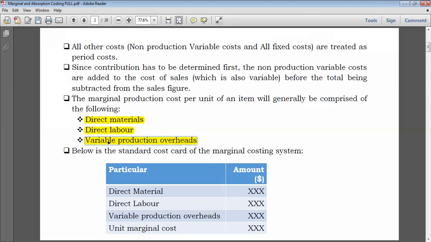Because we can have variable production overheads as well as fixed production overheads. So our concern here is on variable. That's why we have ignored fixed. When you go to the absorption costing system, you would see the same here, but we would add fixed production overheads. I hope everything is well up to there.